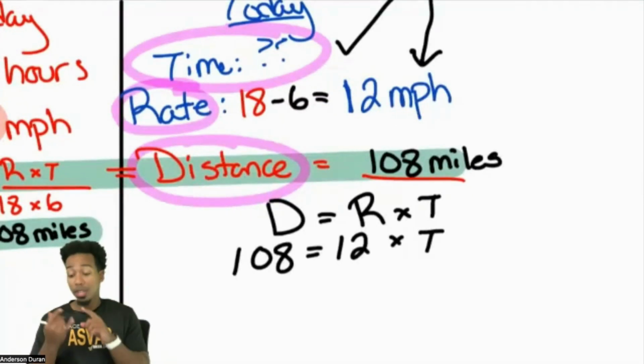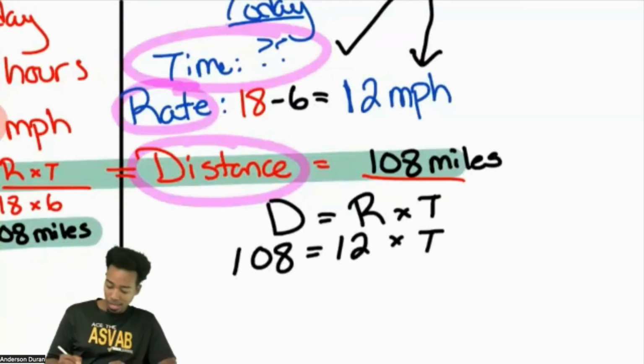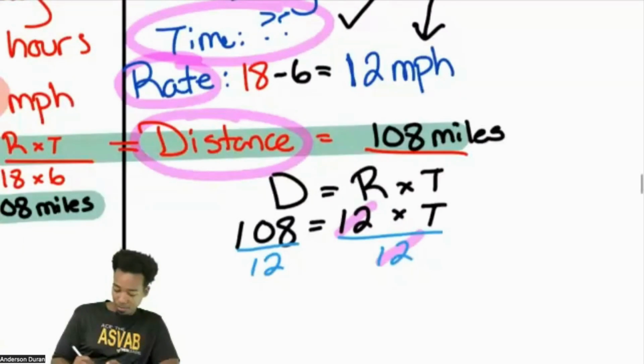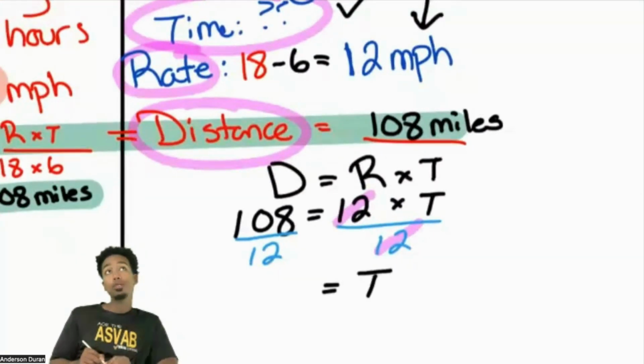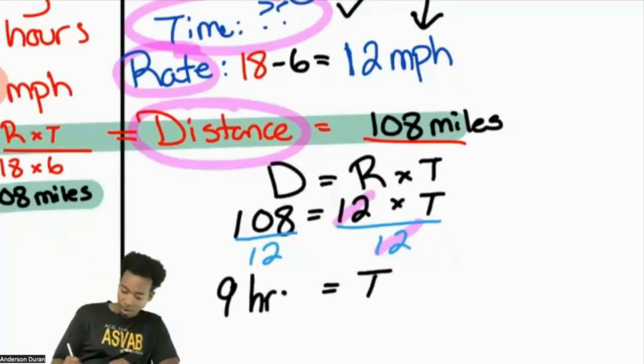Like I said, if you're looking for the rate or the time, you divide to get it by itself. And so here, I'll divide by 12 to get rid of the 12 on the time. And then we have our magical final answer. T equals 108 divided by 12. That's 12 times 9. And so that would be 9 hours for time.